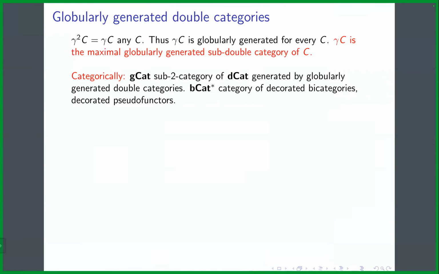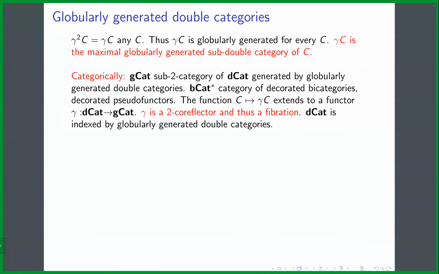So this can be written categorically in nice terms. We write GCAT for the sub-2-category of double categories generated by globularly generated double categories. We write BCAT star for the category of decorated bicategories, decorated pseudofunctors.